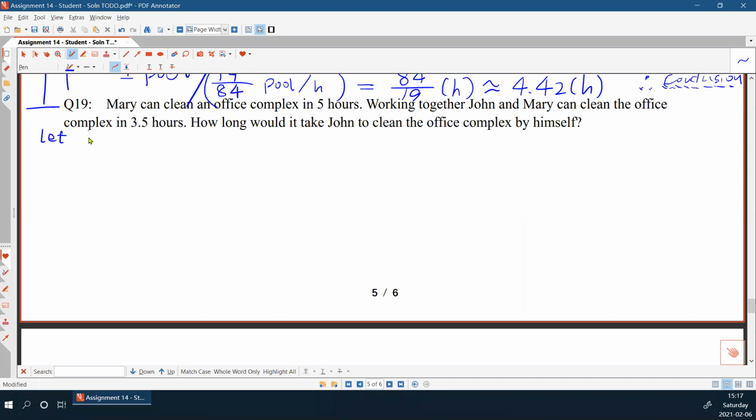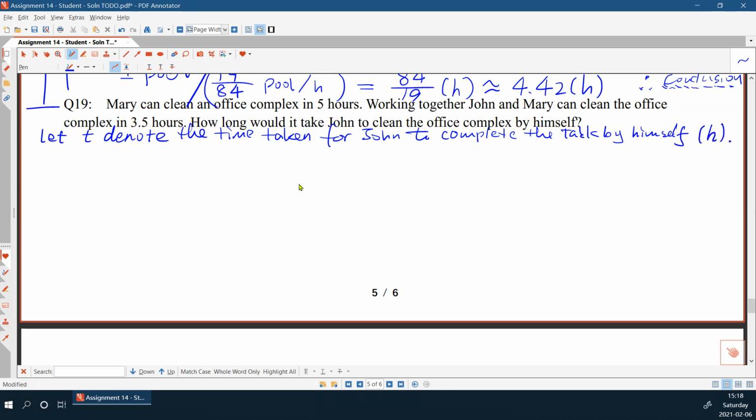So this time we use a letter T to denote the time taken for John to complete a task by himself. That means his own work time, right? The unit is hour.